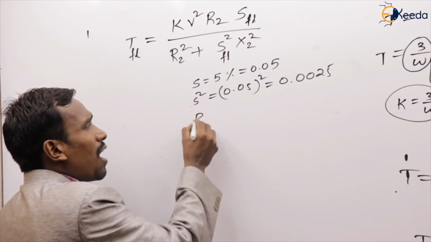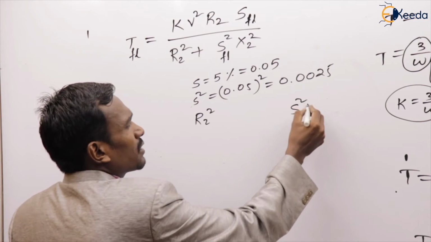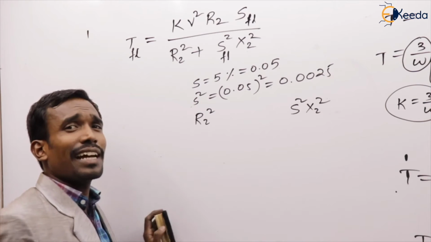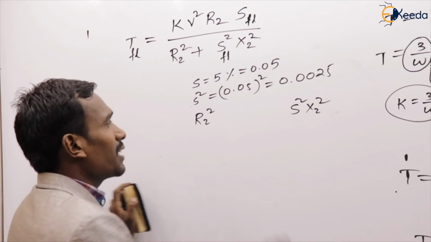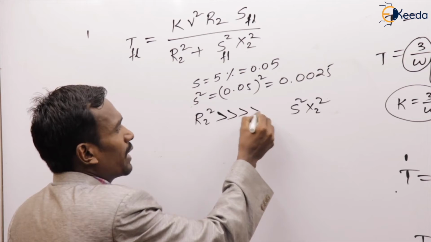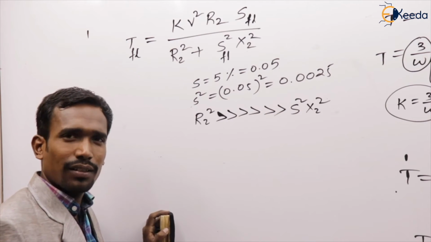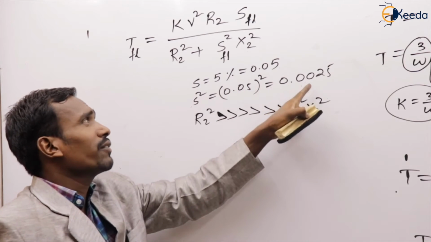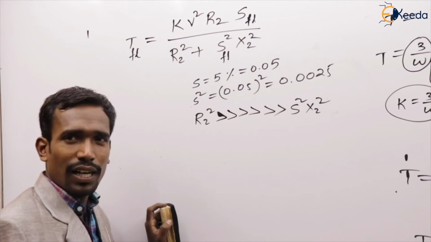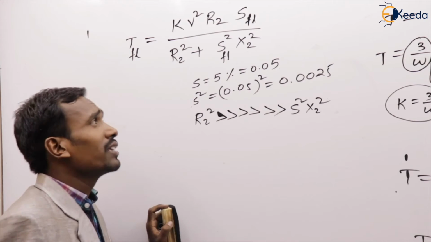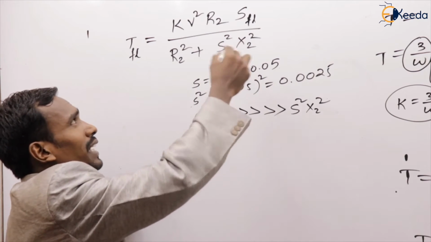Now tell me, between R2 square and S square X2 square, which is negligible? S square X2 square is very, very much less than R2 square. That's why this S square X2 square can be eliminated.